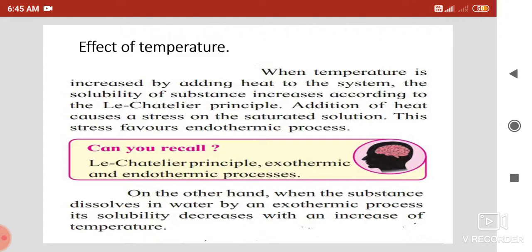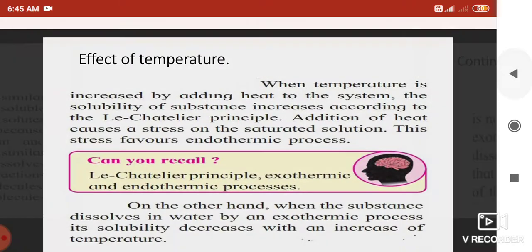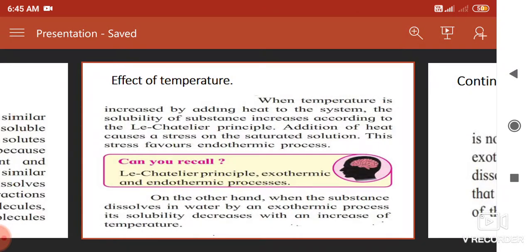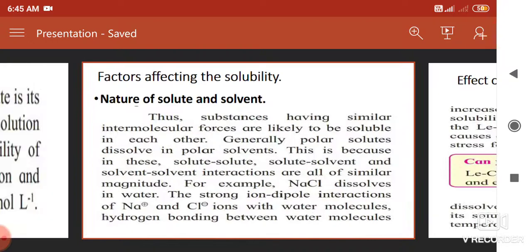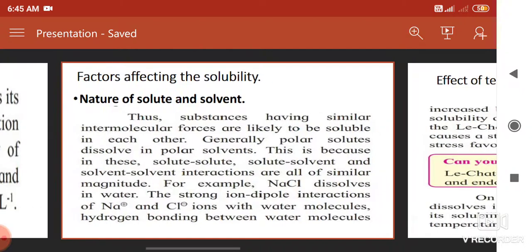So if the process is exothermic and we increase the heat, the solubility of the solute decreases. In an endothermic process, increasing temperature increases solubility. In an exothermic process, increasing temperature decreases solubility.